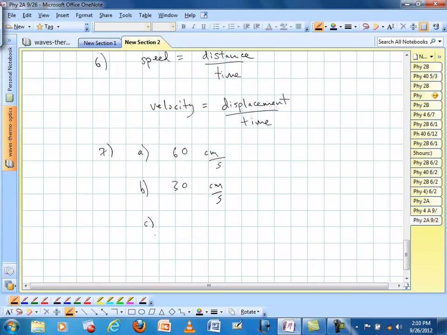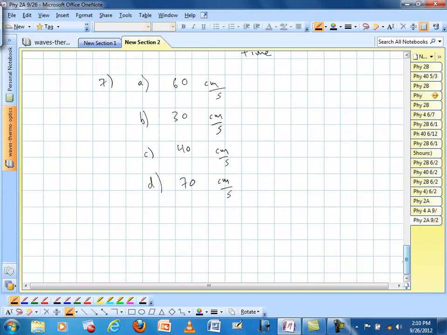And C, 40. And D we did already, right? What do we need for a complete answer? Units. Right?